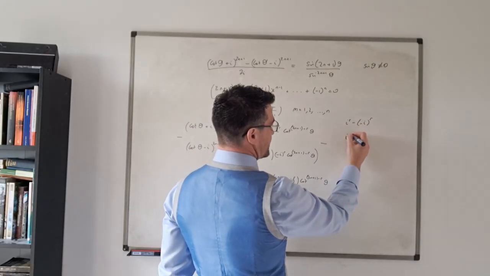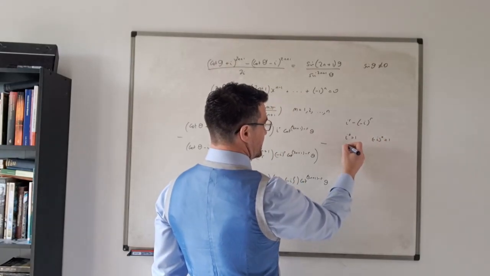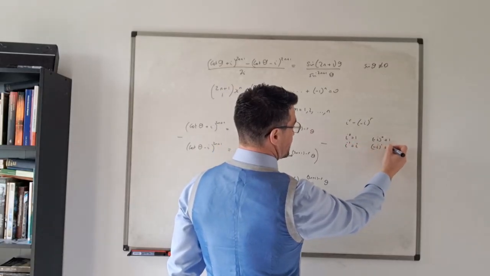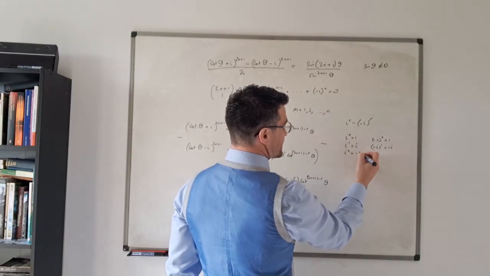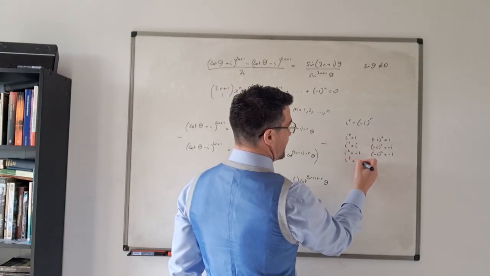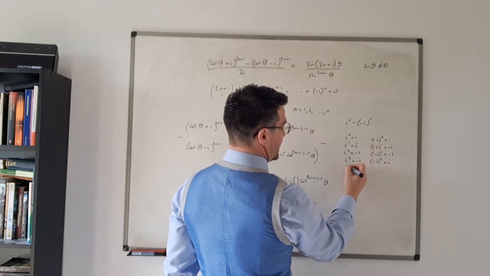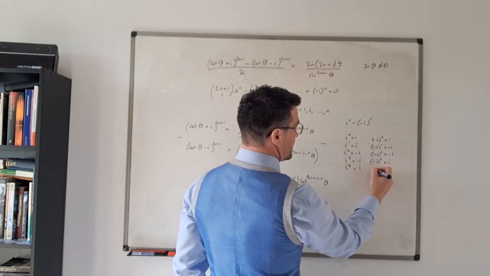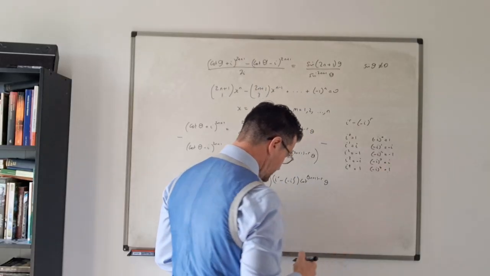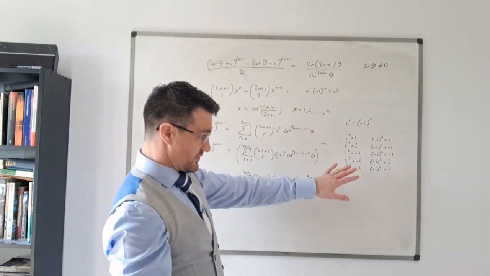So i to the power of 0 is equal to 1, (-i) to the power of 0 is also equal to 1. i to the power of 1 is equal to i, (-i) to the power of 1 is equal to minus i. i squared is equal to minus 1, (-i) squared is equal to minus 1. i cubed is equal to minus i, (-i) cubed is equal to i. i to the fourth is equal to 1, (-i) to the fourth is equal to 1 also. So those of you familiar with i, complex numbers, this is no surprise to you.